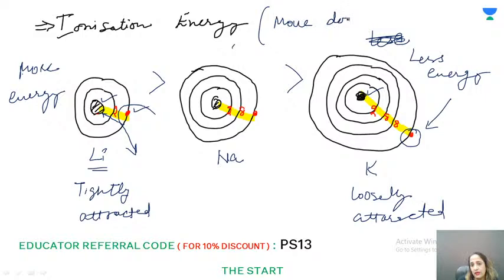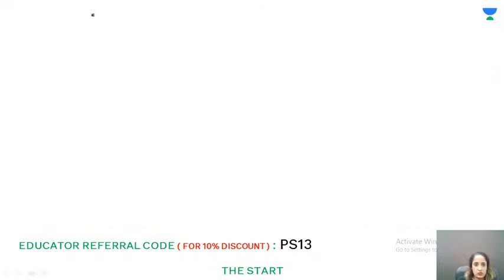down the group, and it is the opposite trend as we move along the period. In a period, as I told you earlier, the electrons are being added in the same shell. Let me show you real quick. If we go from lithium, beryllium, boron, carbon, nitrogen, oxygen, fluorine, and neon, I will just draw.